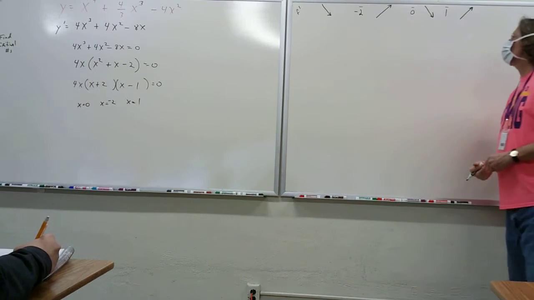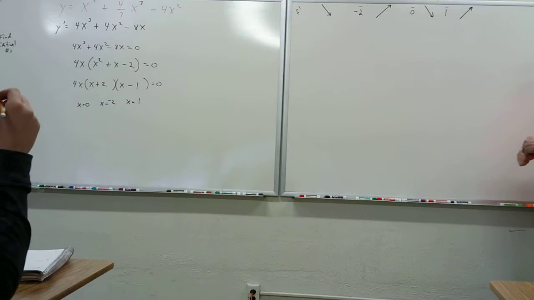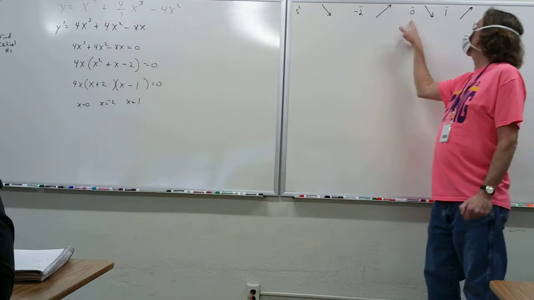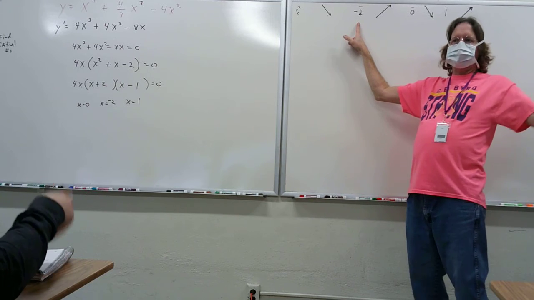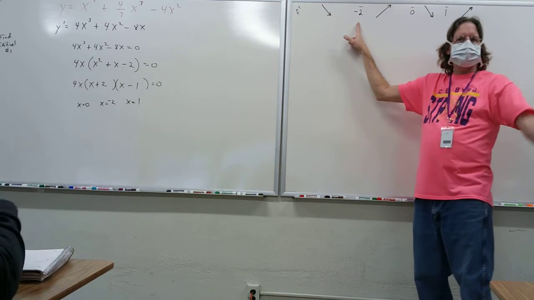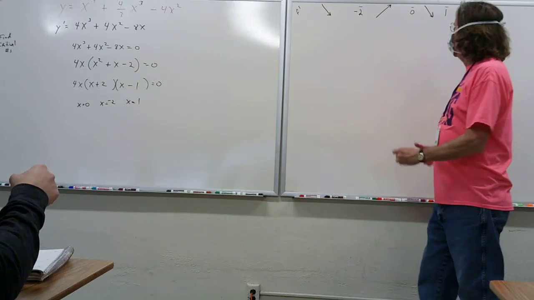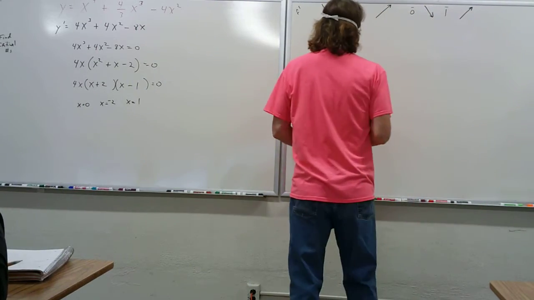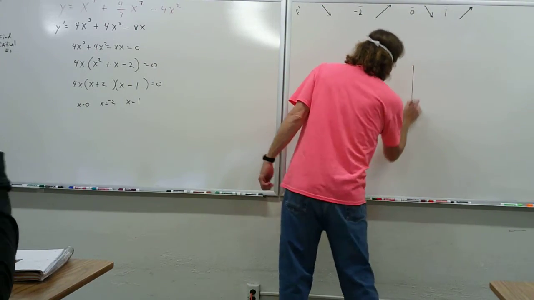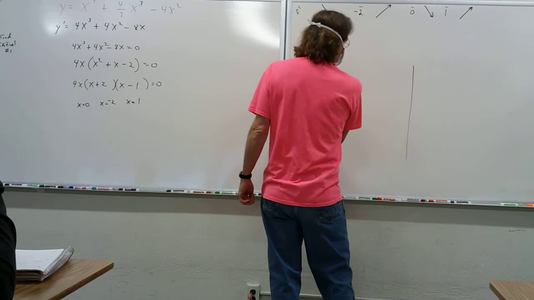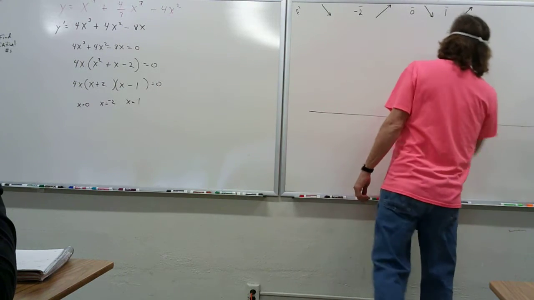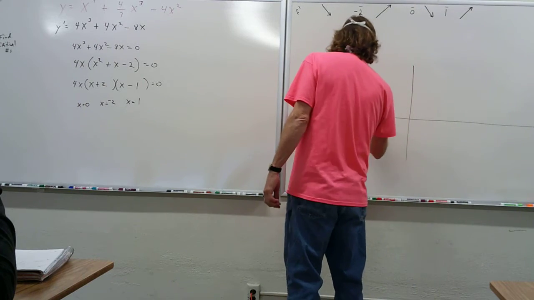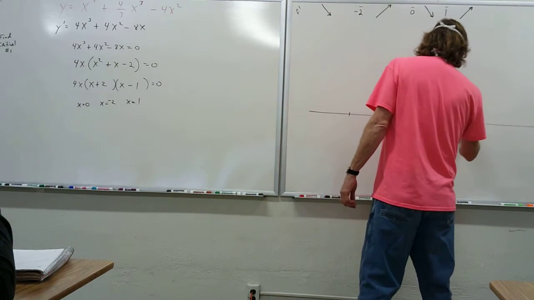Somebody says, but Mr. Evans, why do you not pick like 5? Because it can only change directions after critical numbers. That's the only place it can change directions, so you don't have to test anywhere else. Now, after you get that graph, we're going to go ahead and line up -2, 0, 1.